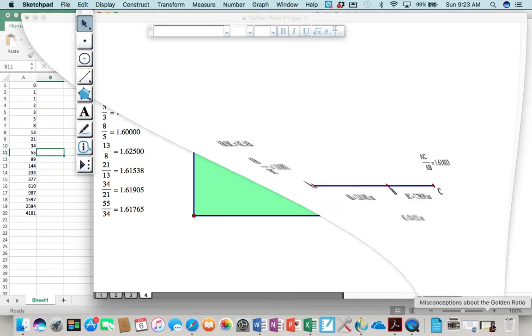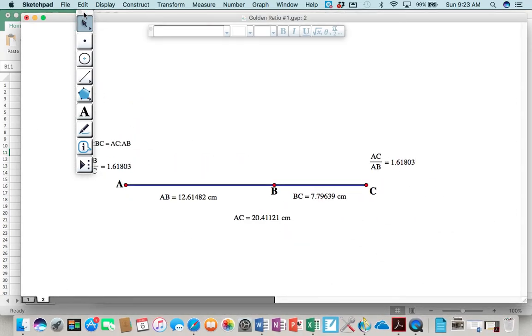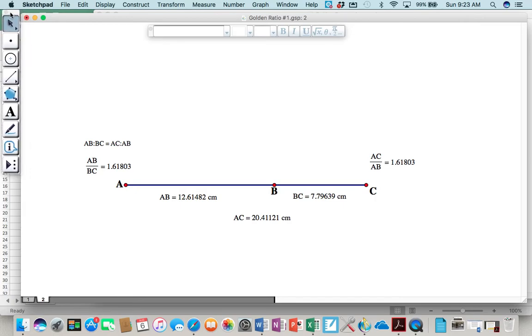The other thing I wanted to show you kind of goes right back to the beginning here. In the first video I showed you this line segment divided just so that this ratio is correct. But I wanted to show you something different, because what would happen if we reversed these?